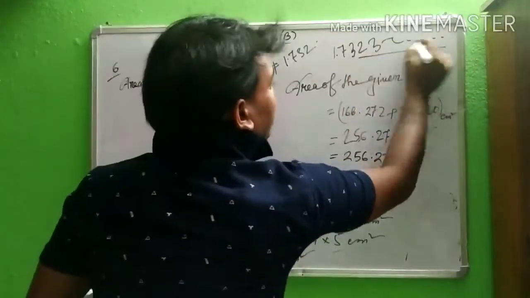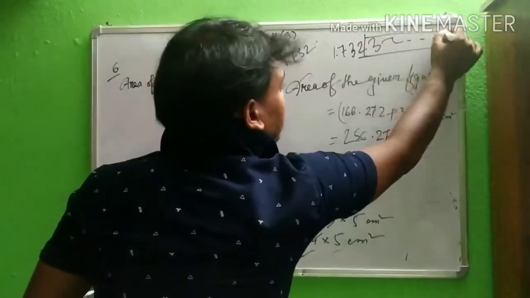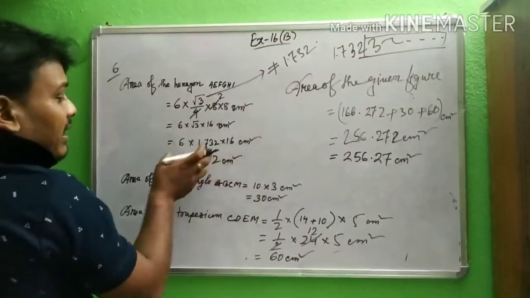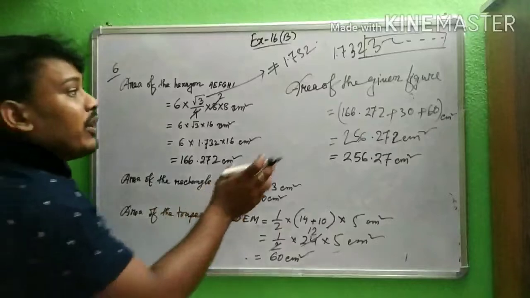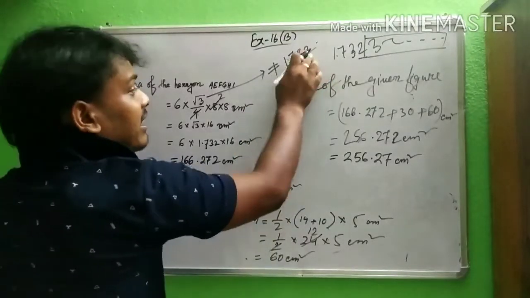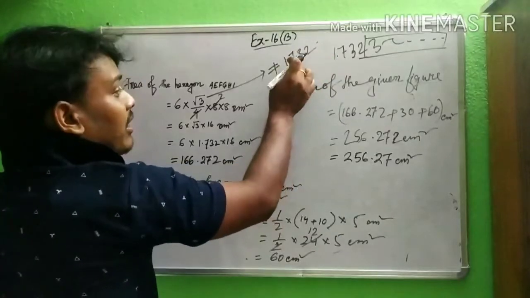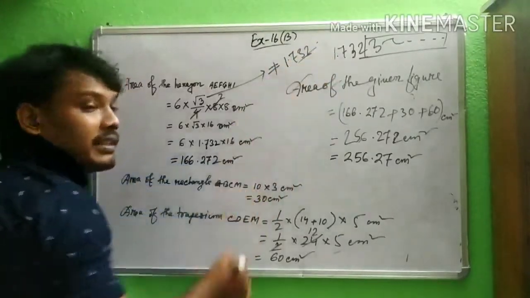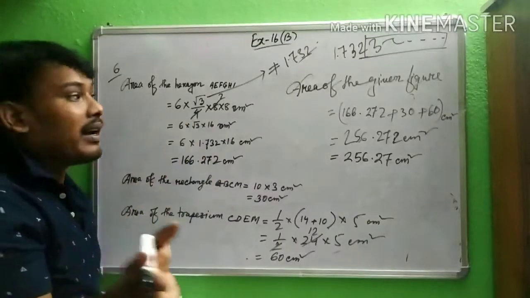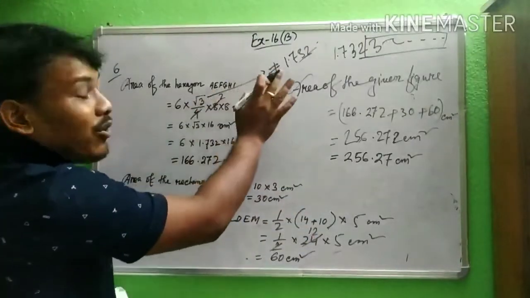If we take it up to 3 digits, then not much changes in the multiplication. That's why, for the advantage of calculation, we take the value up to 3 digits. You can write equal to, but keep in mind the value of root 3 is not equal to this.